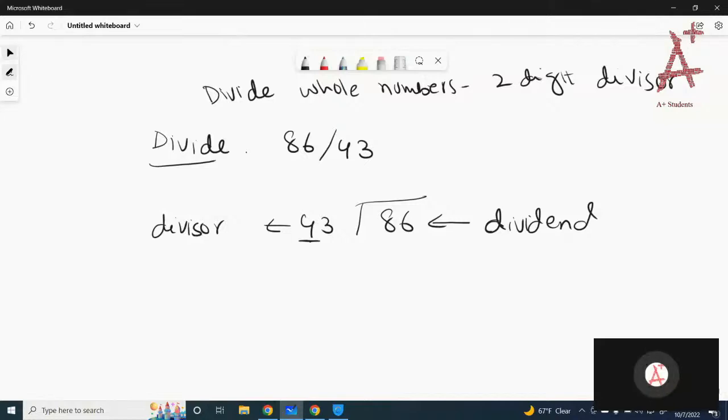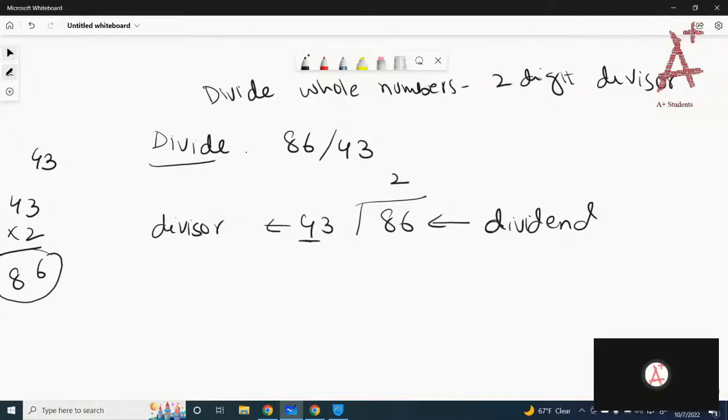Okay, we have to divide 86 by 43. So you have to count the table of 43. You can count by multiplying. We know that 43 times 1 is 43, and we have to do 43 times 2. So 2 times 3 is 6, and 2 times 4 is 8. So 43 times 2 is 86. Got it?